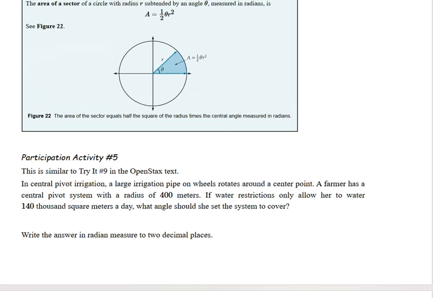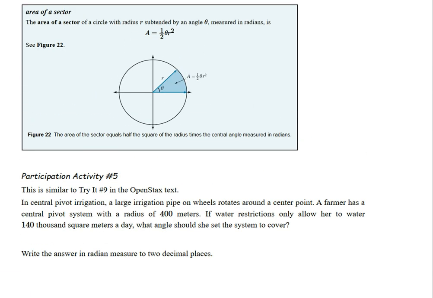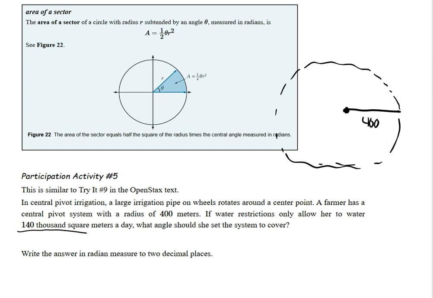A farmer has a central pivot with a radius of 400 meters. So here's the center of that pivot system. It goes out 400 meters, and it's going to rotate. Pretend that's a good circle. She's allowed to water 140,000 square meters a day.